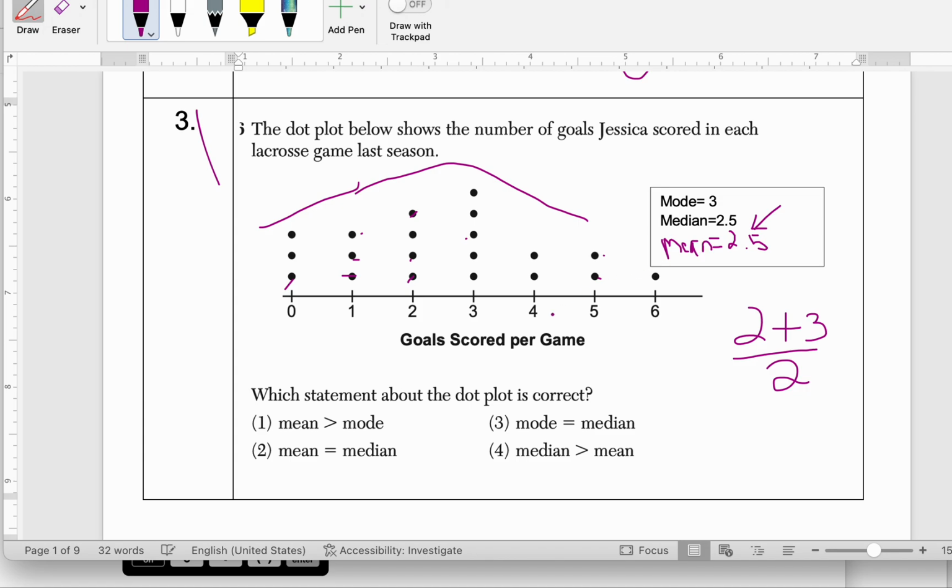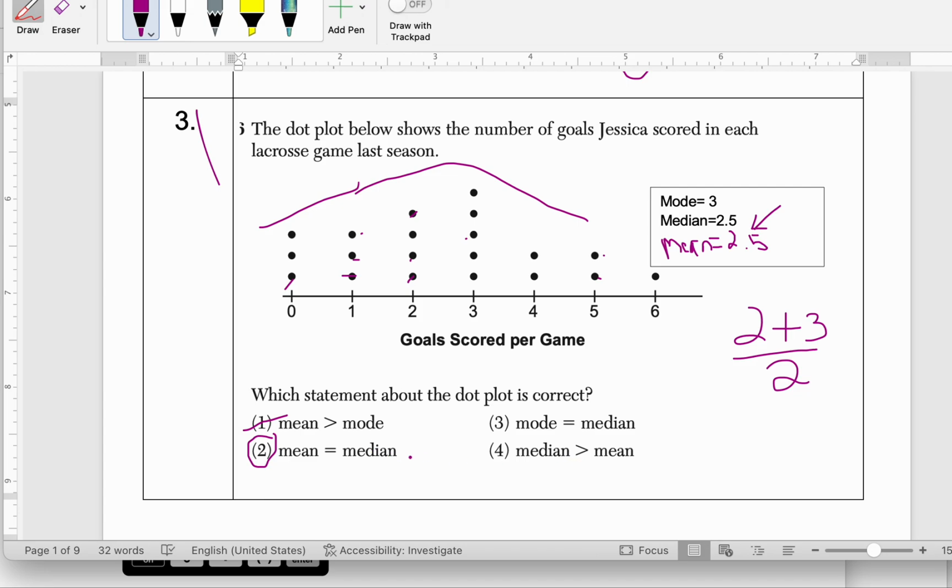Okay, so let's take a look at what we have here. Our mean is greater than our mode. Well, that's not true. Our mode is 3 and our mean is 2.5. Our mean is equal to our median. That is true. So, I'm just going to point out the mode and the median, right? They're not equal, and the median is not greater than the mean.